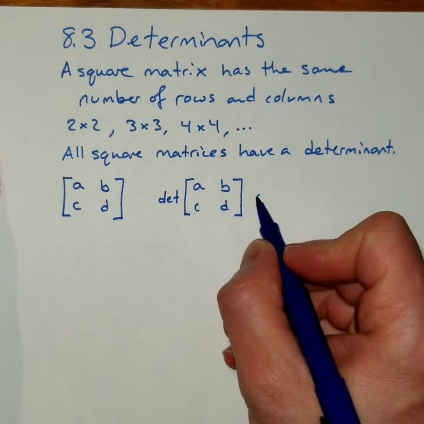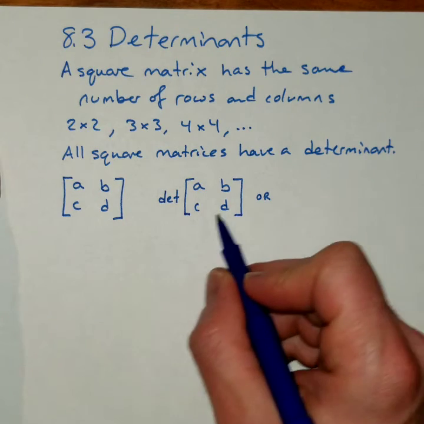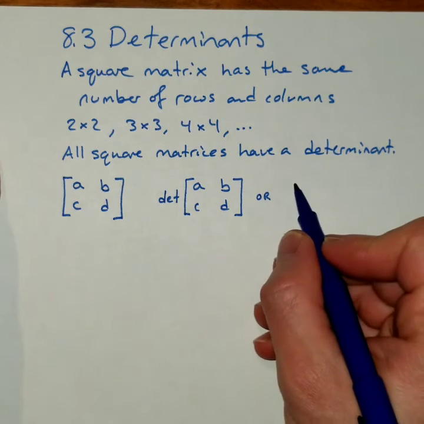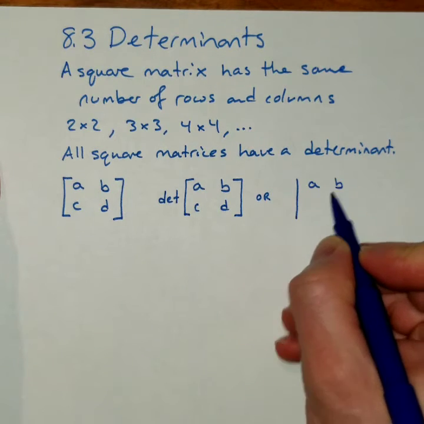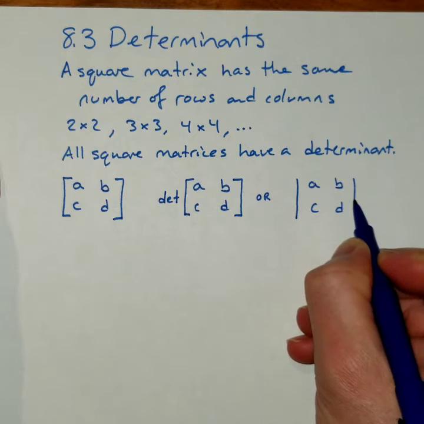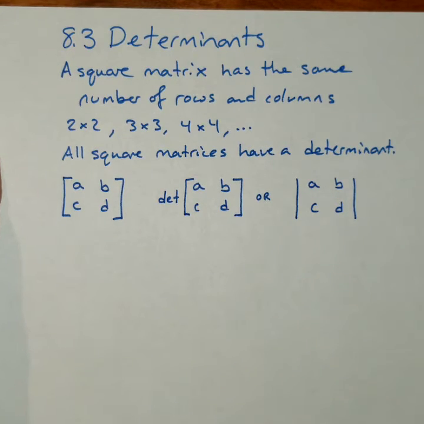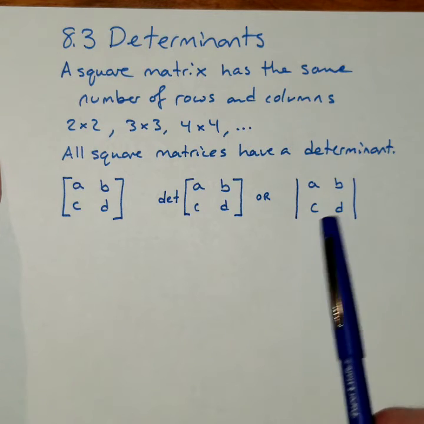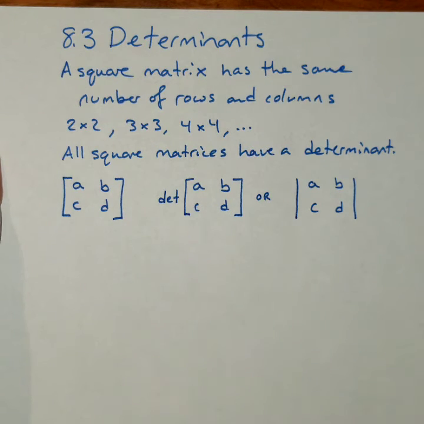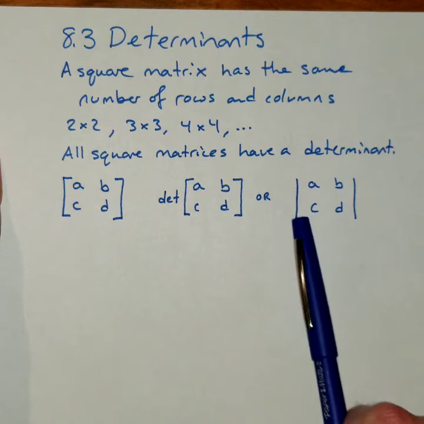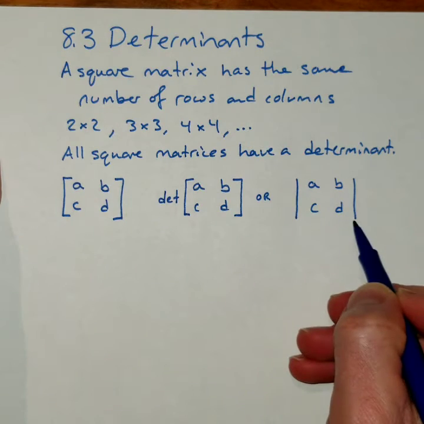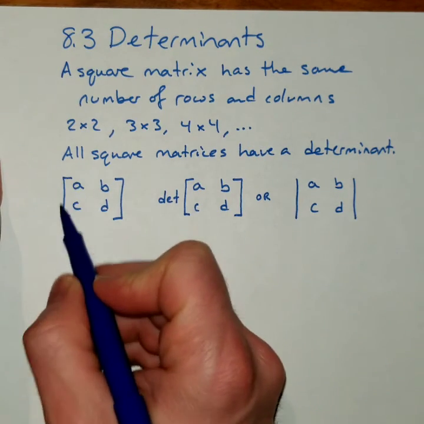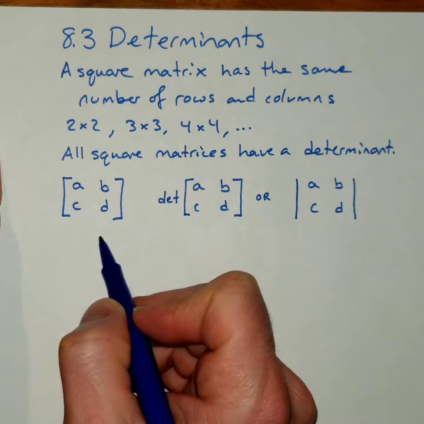Or, instead of the DET in front, some people write it with two vertical bars on either side, which looks kind of like an absolute value, but it's not an absolute value. Your textbook uses the vertical bars rather than this determinant notation, so I will be consistent and use that notation as well. When you see just straight vertical bars, that represents a determinant. If you see the brackets, that's the matrix itself.